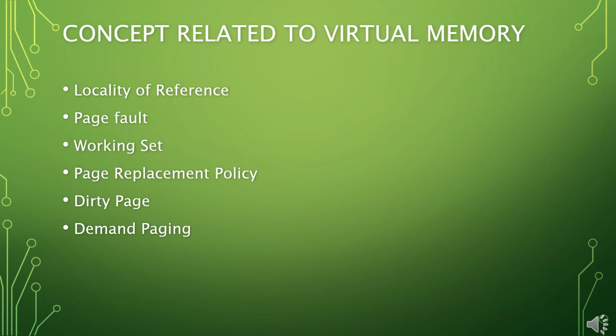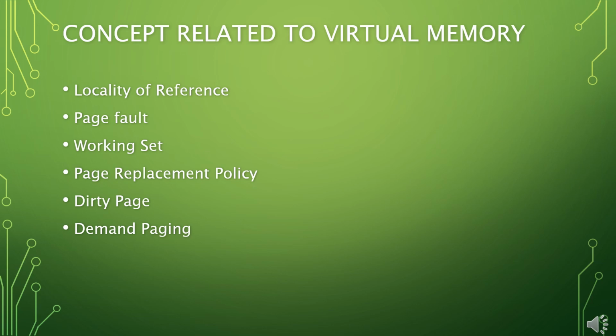The page to be overwritten is selected by the page replacement policy. There are a number of ways in which the operating system selects a page to overwrite. The OS designer chooses one amongst them as the policy and then writes the corresponding algorithm for it.